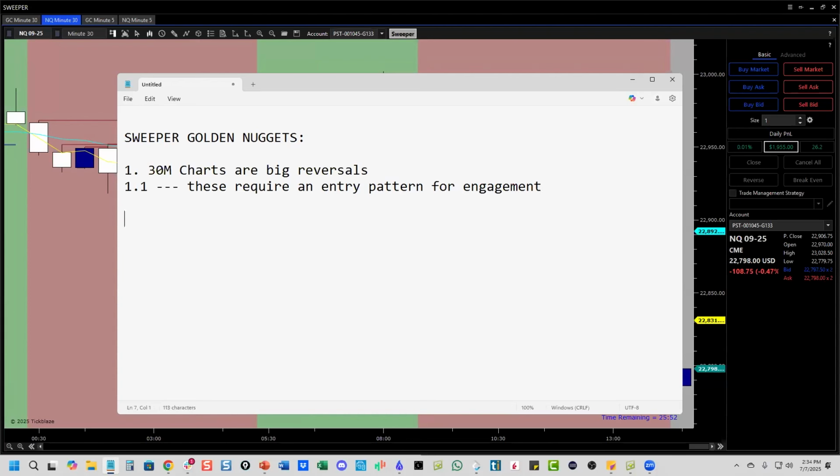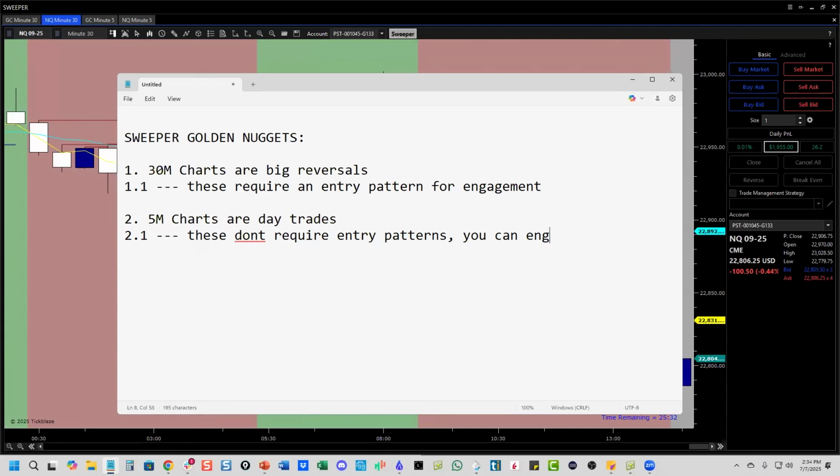Number two, 5-minute charts are day trades. These don't require entry patterns. You can engage with limit entries.